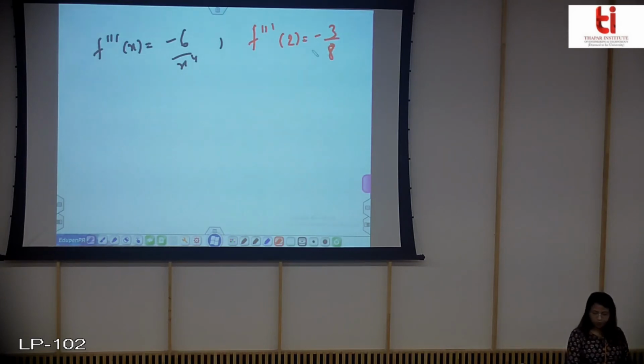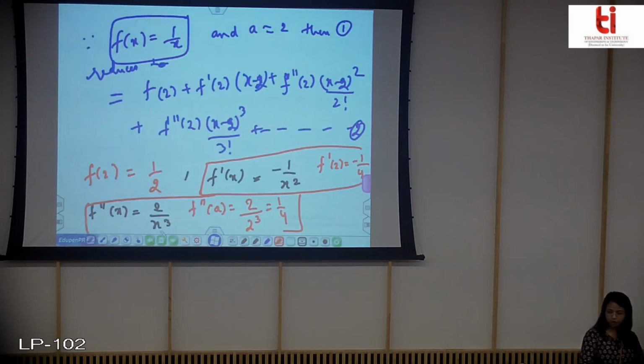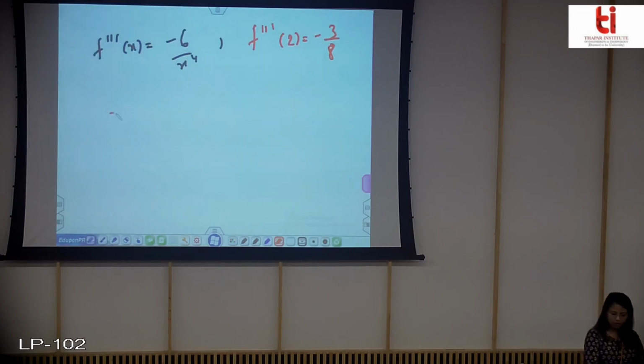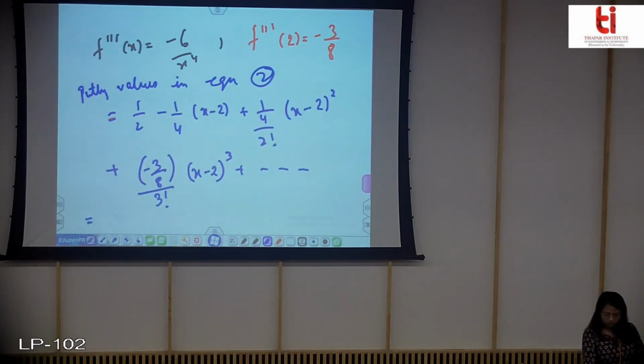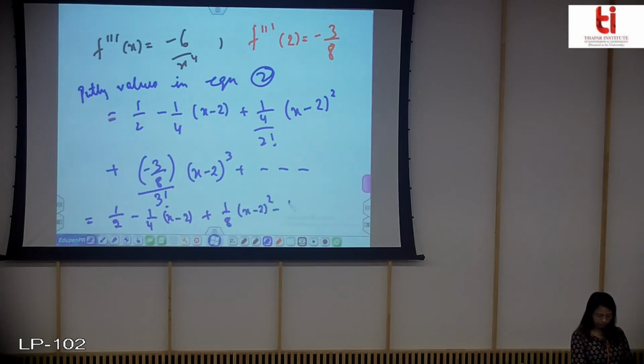Now put this in equation number 2. Put all the values in this equation. That f(2) is 1/2, this f'(2) is -1/4, and see what you get. So putting values in equation 2, if you see, your Taylor series will finally look like this.